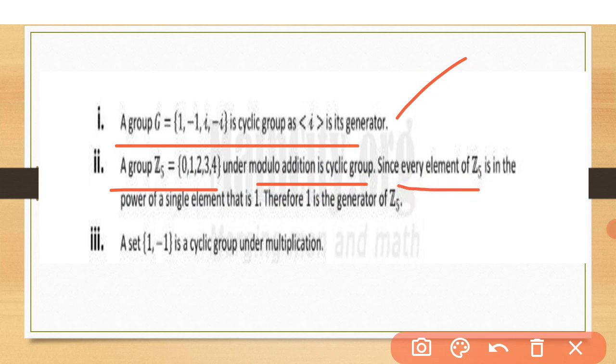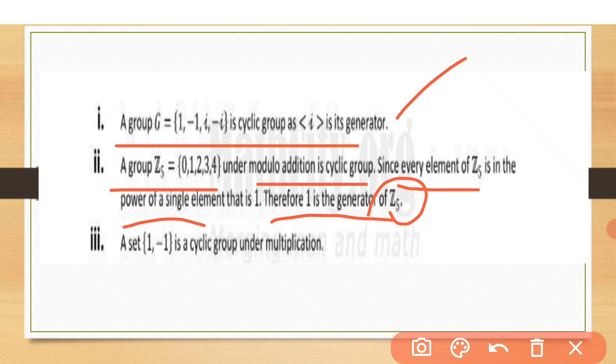Since every element of Z5 is a power of a single element, that is 1, therefore 1 is the generator of Z5.